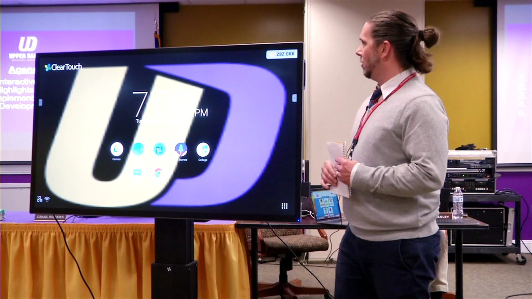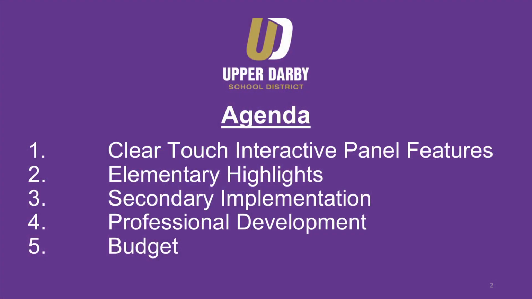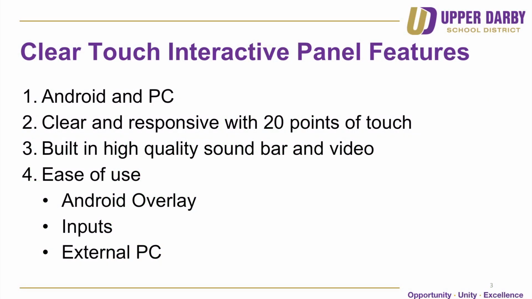As you can see on the screen up top, we have our agenda items. I'm going to show you the features. Then we're going to take a step and go into elementary highlights. The first thing I want to show you is one unique feature about this board: it's 2-in-1. We have an Android tablet, which we're looking at now, but also on the board, it is a PC.